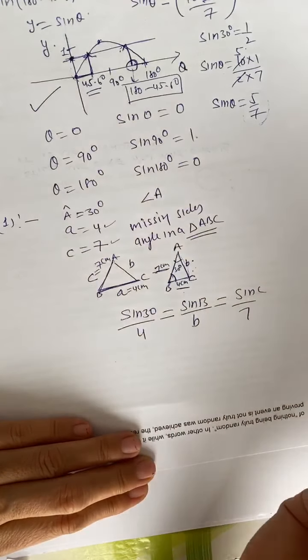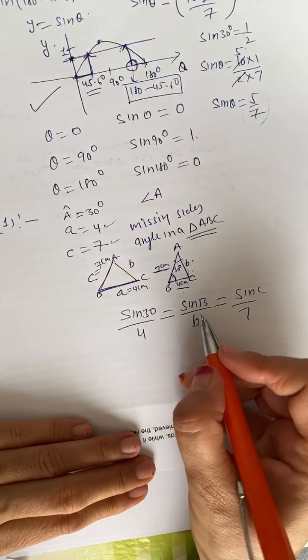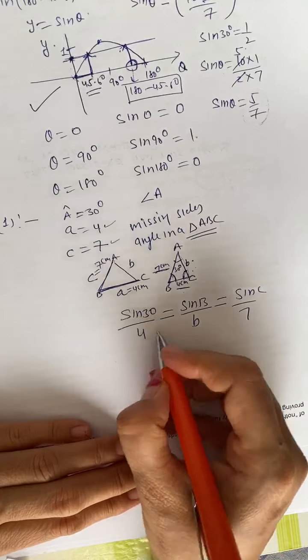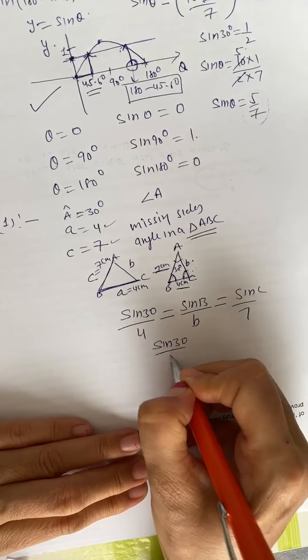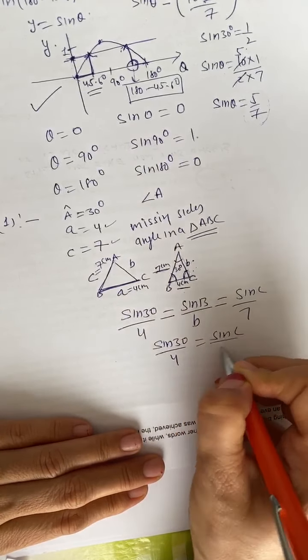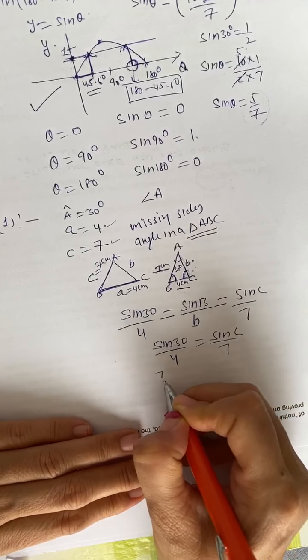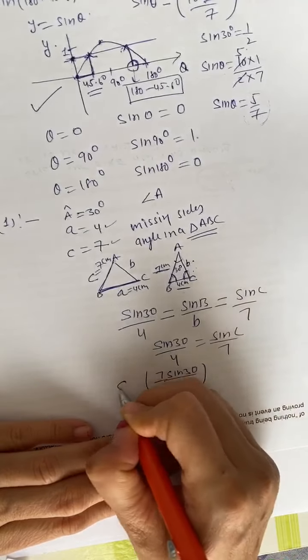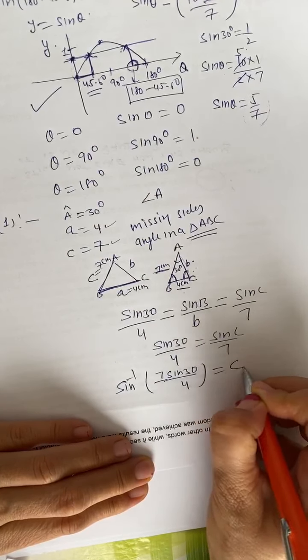So I set up for all and then I can see which one I'm going to use. It looks like I can find angle C first. So sine 30 divided by 4 is equal to sine C over 7. And then you get 7 times sine 30 divided by 4, and then sine inverse is equal to C.